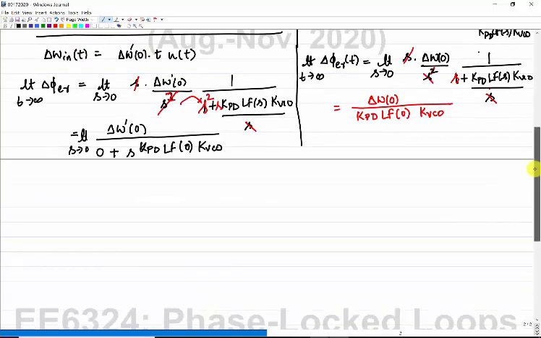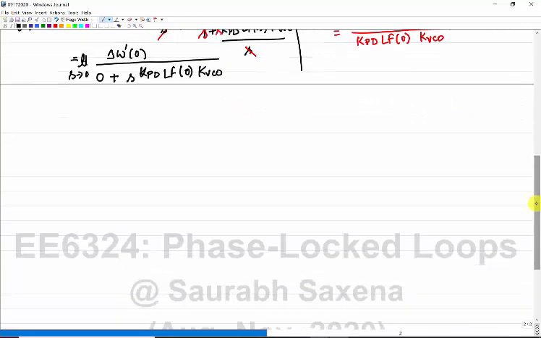And by the way, someone at the end of the class also asked why we don't use the loop filter as a low pass filter. Well, you can use the loop filter as a low pass filter, like a DC gain times 1 plus s by omega p. If this happens to be the loop filter, then just consider the different cases.